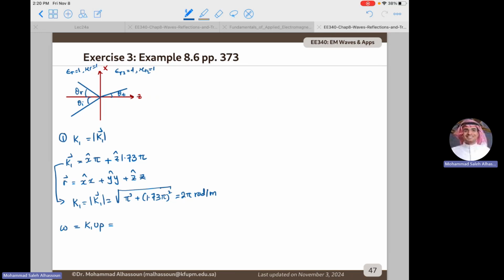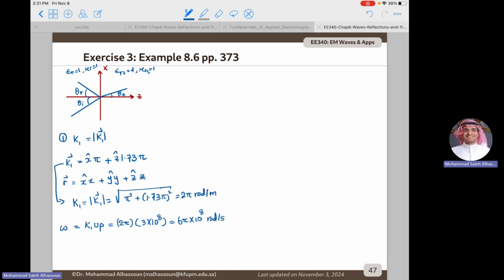Medium 1 is air, so the wave velocity is the speed of light in vacuum. K1 is 2 pi, the quantity we computed, multiplied by 3 times 10 to the power 8. This gives us 6 pi times 10 to the power 8 radians per second.